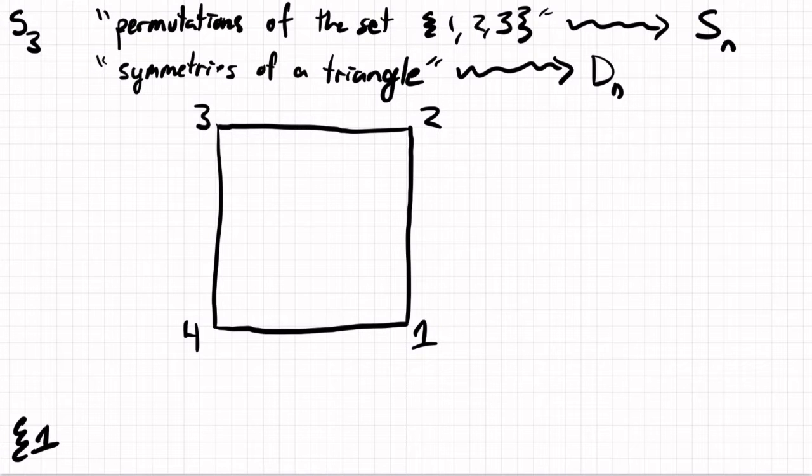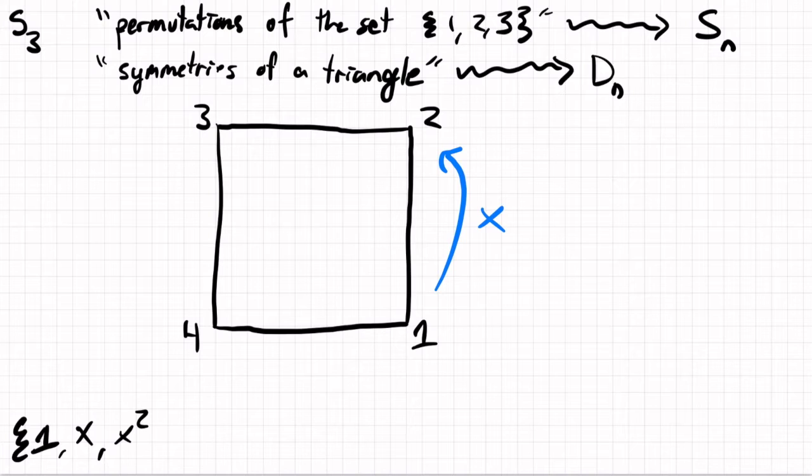We can rotate the square, much like we rotated the triangle. So we can rotate like this, and we can call that element x. And of course, we can rotate twice. That'll be x squared.